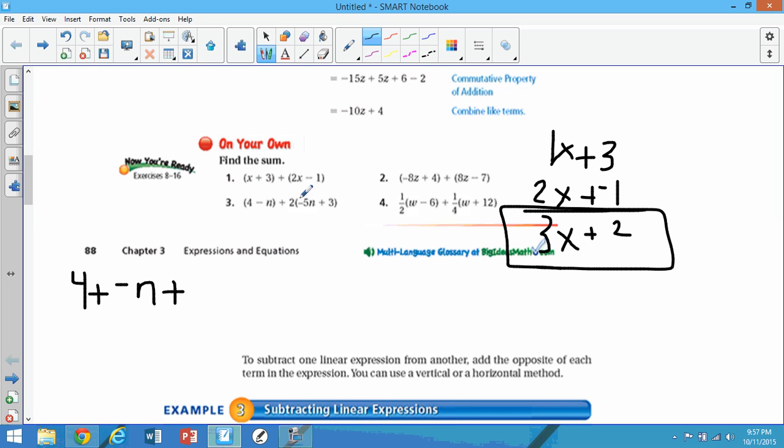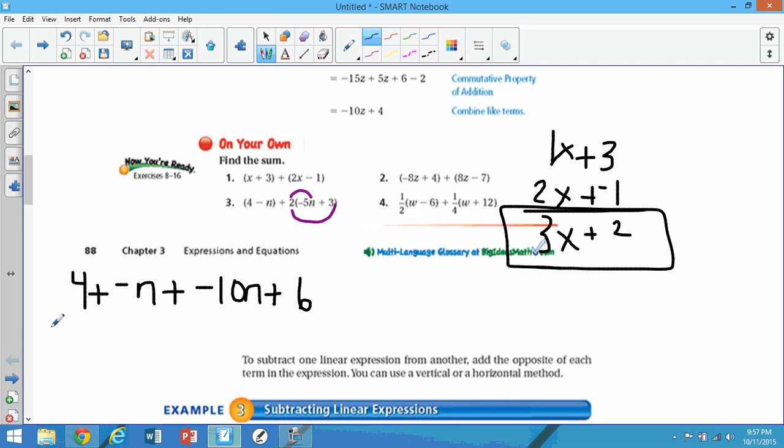So 2 times negative 5n, and then 2 times 3. 2 times a negative 5 is a negative 10n, don't forget your n, plus 2 times 3 is 6. So that's my distributive step.